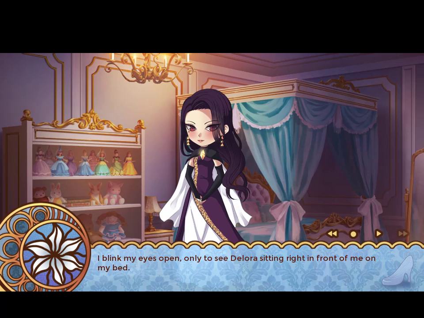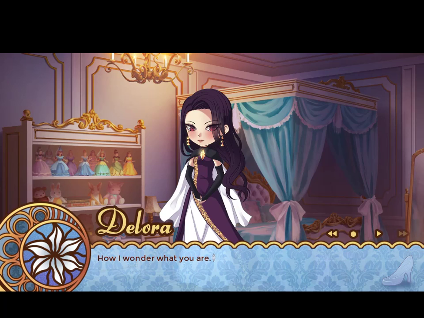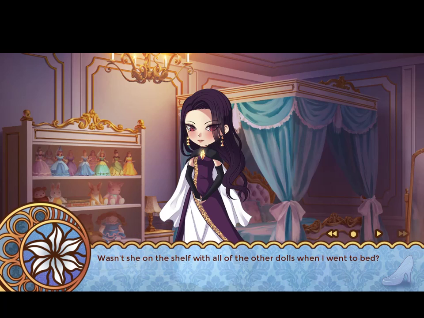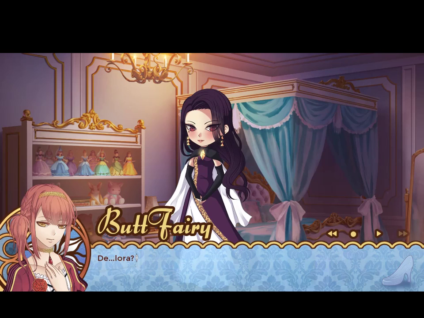Oh God. I knew that doll was bad. I blink my eyes open, only seeing Dolores sitting right in front of me on my bed. That's terrifying. Moonlight spills across her delicate features. How I wonder what you are. Was she on the shelf with all the other dolls when I went to bed?